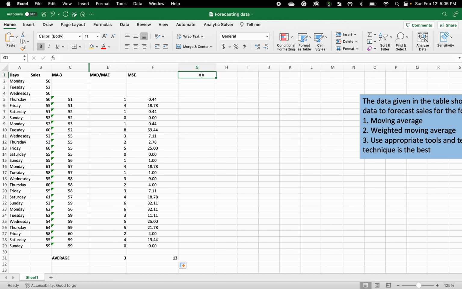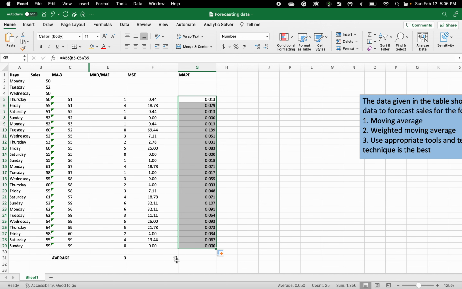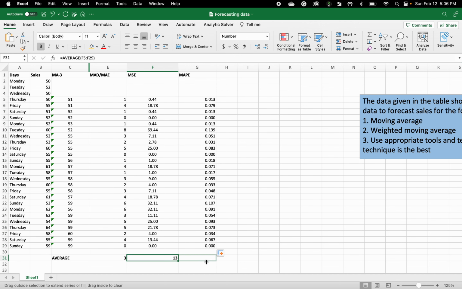And the last approach is called MAPE. That's called mean absolute percentage error. And in this approach, again, we'll start with taking absolute value. That's absolute value, the difference of our actual value minus our forecast, and then we divide it by actual one, and then again I can reduce it, and we get this one, and finally I can take average.